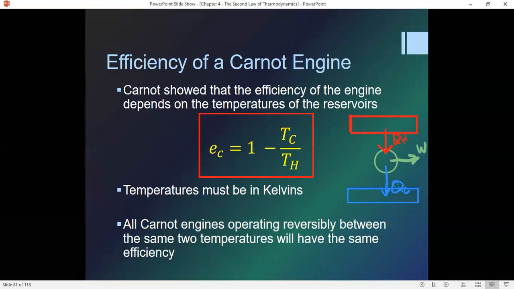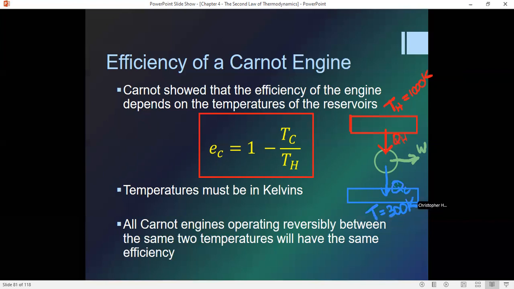Let's say that I had my hot reservoir heated up to, what's a good temperature to use? Let's say I have 1,000 degrees. That's a really hot engine, but we'll use 1,000 degrees Kelvin. Let's say that my cold reservoir is operating at 300 degrees. Okay?